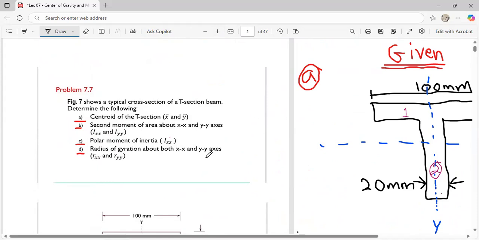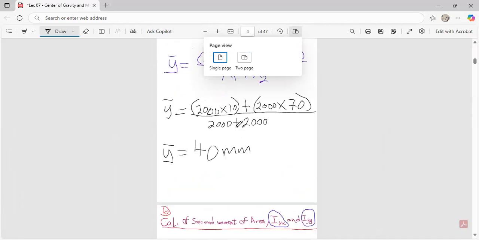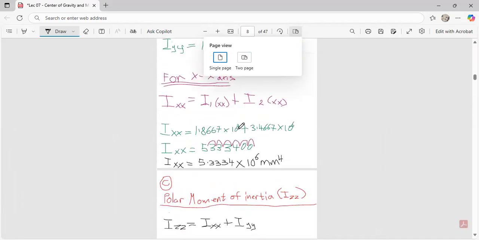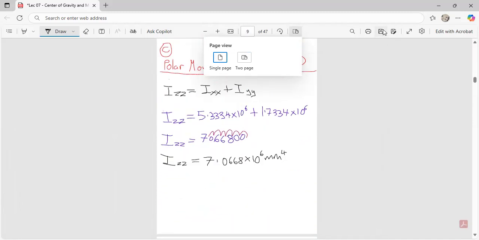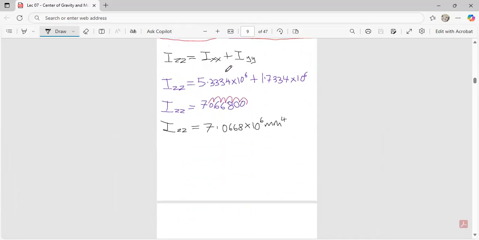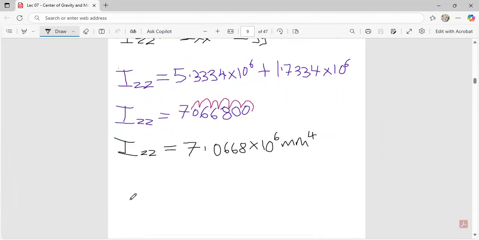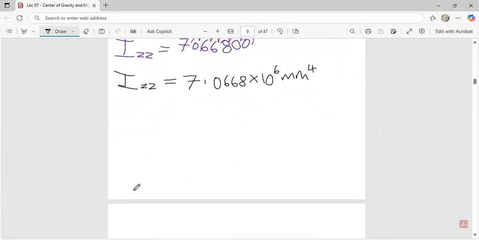You realize that if you're not able to solve for A, you can't solve for B, C, or D. You have to be able to solve for one before you can solve for the other. That is how this particular course has been structured. Good. So let's quickly solve for that, and then we see how best we can wrap up.